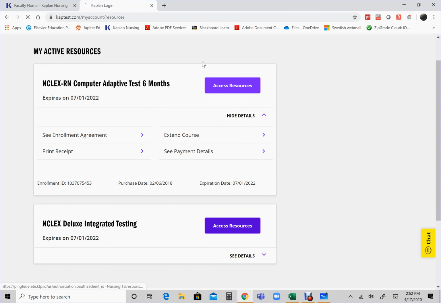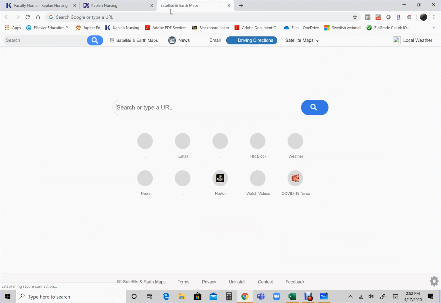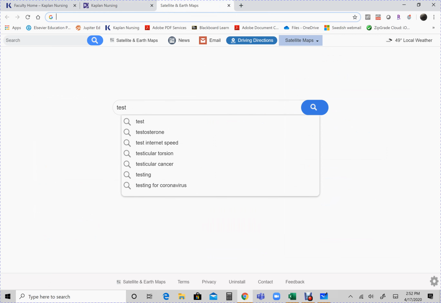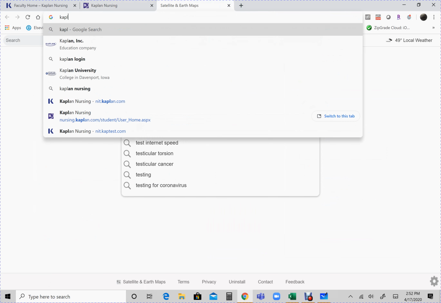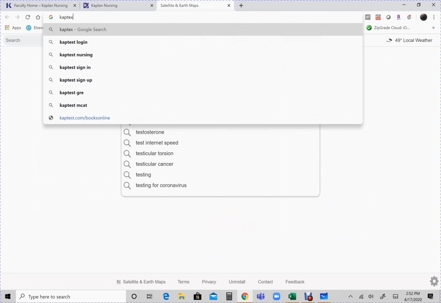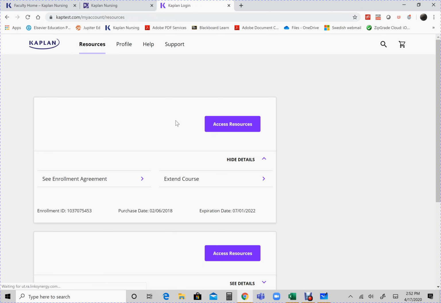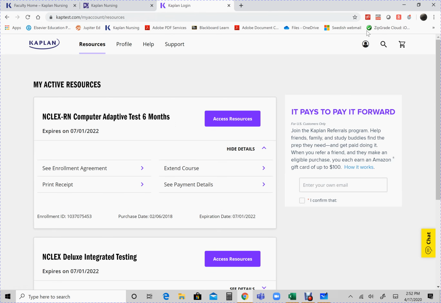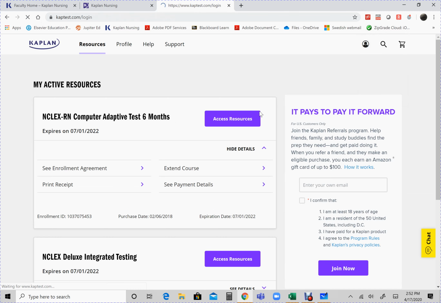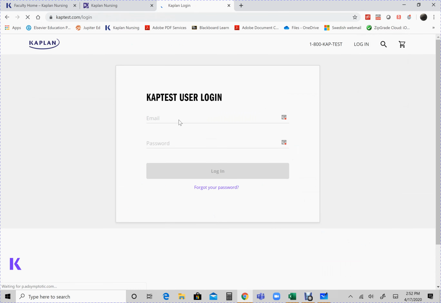Alright, so what you do is go to your Kaplan web page, which is, you just type test.com. If you're a student, then you log in here.